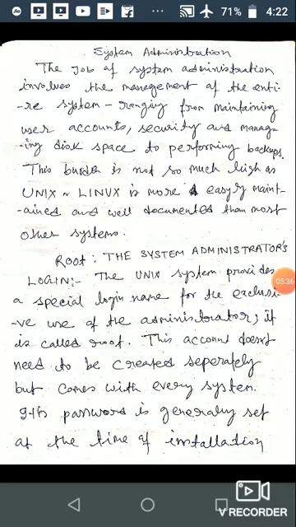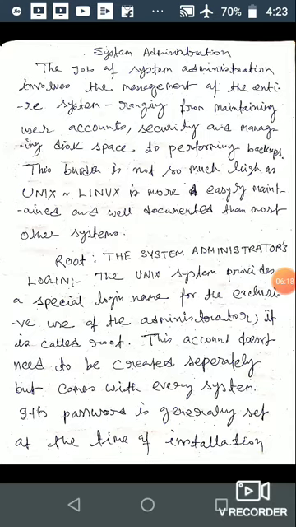It is a default user which is present in every system, and whenever you install a system, you have to supply the root password at the time of installation.